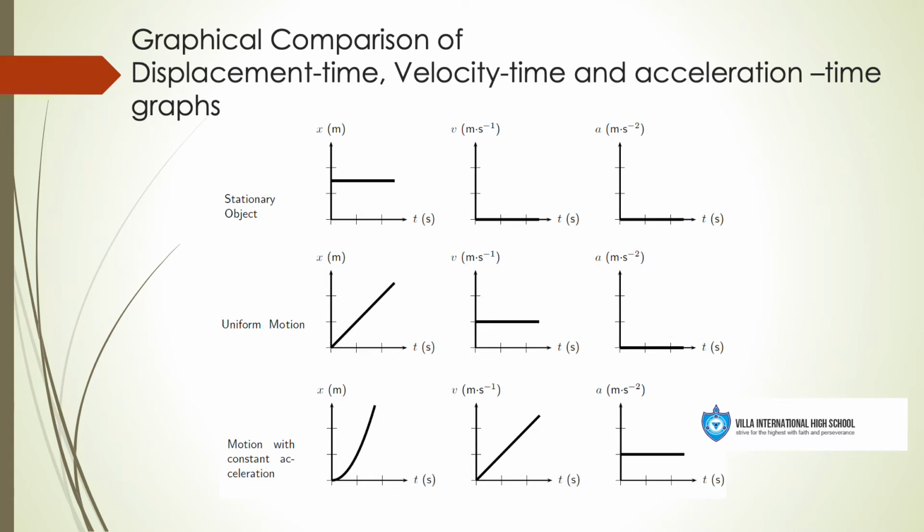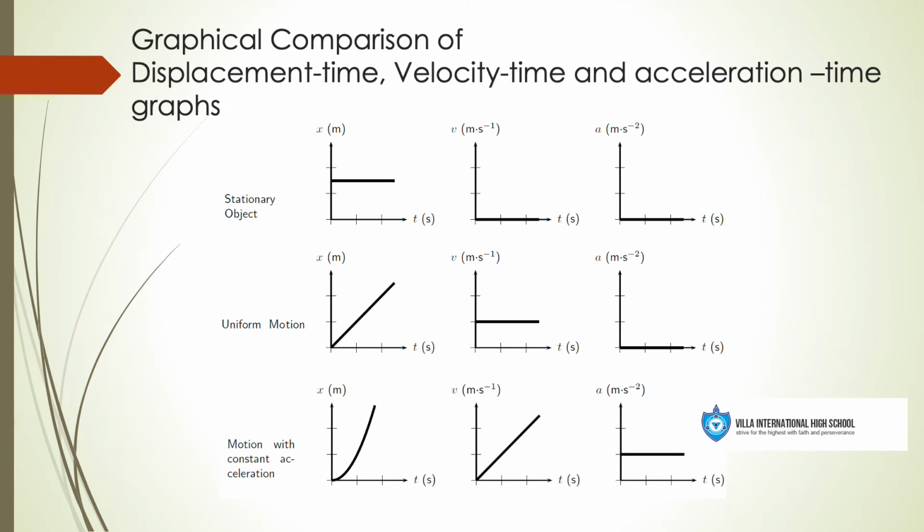So it is showing exactly like that. Then velocity time graph, for uniform motion, velocity is constant, so it should be a horizontal straight line. Acceleration time graph, uniform motion, acceleration is zero, so it should be a horizontal line on the zero axis, or x-axis.